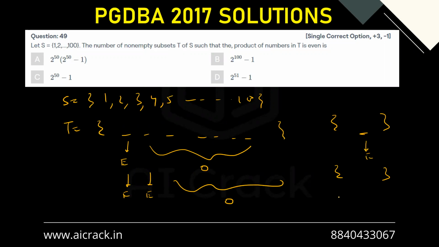We can have two elements, one even and one odd, or both even. So we can clearly see that we are going to have numerous cases, a very huge number of cases. That is not possible to do manually, right? So we have to think in a counterintuitive manner.